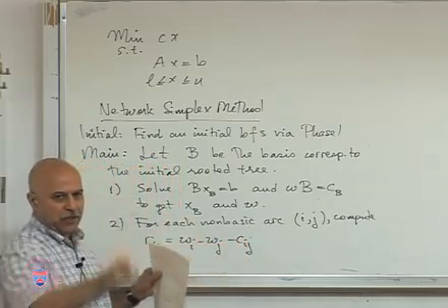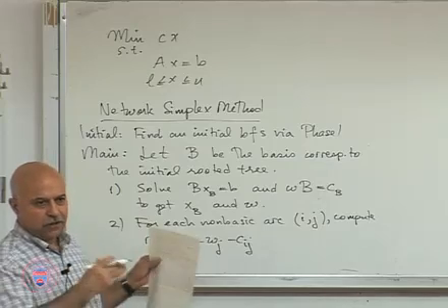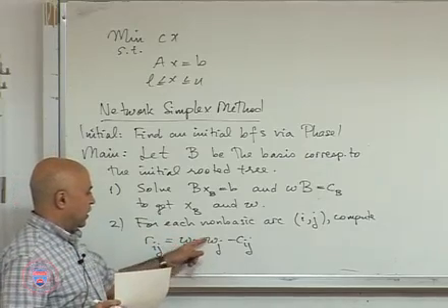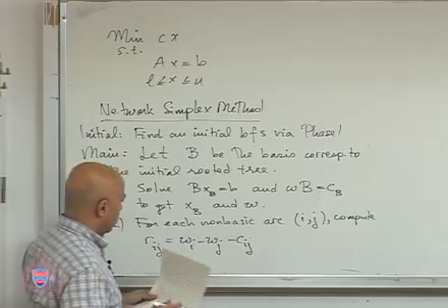Of course, w times A_ij minus c_ij is the reduced cost, and w times A_ij gives you w_i minus w_j.